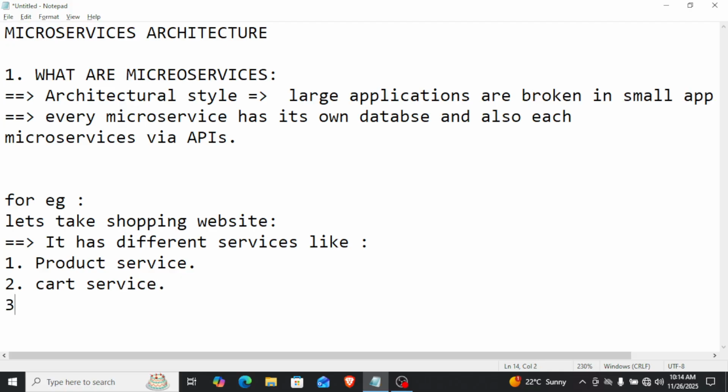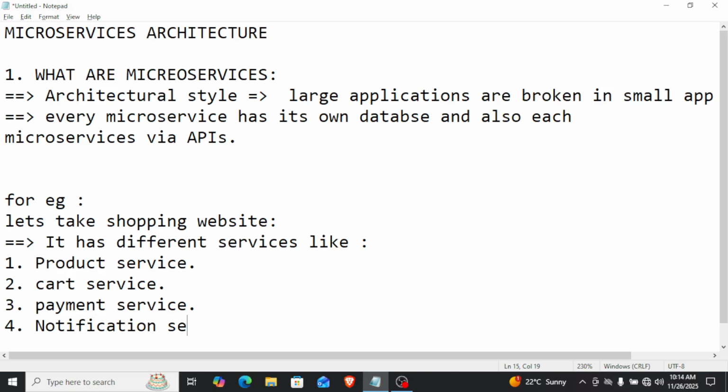And the third service is payment service. After adding any product into cart, you need to pay for that product. So it is payment service. Those are all independent services. And also notification service. After placing the order, you will receive the notification about the order details, like product placed details.